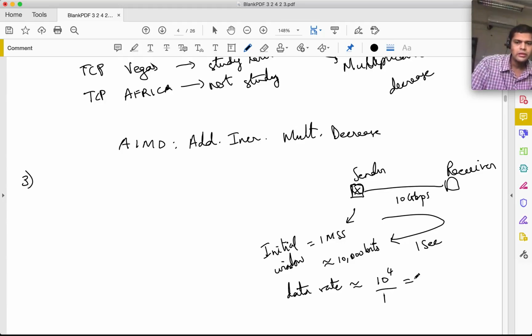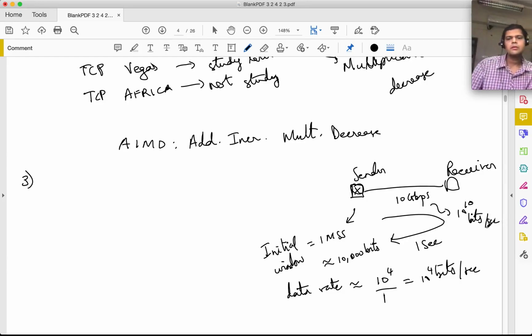So it's only 10 to the power of 4 bits per second, when what you can get here is 10 to the power of 10 bits per second. So there's a 6 orders of magnitude difference between what you're initially getting with the TCP window size set to 1 MSS and what you could be using.